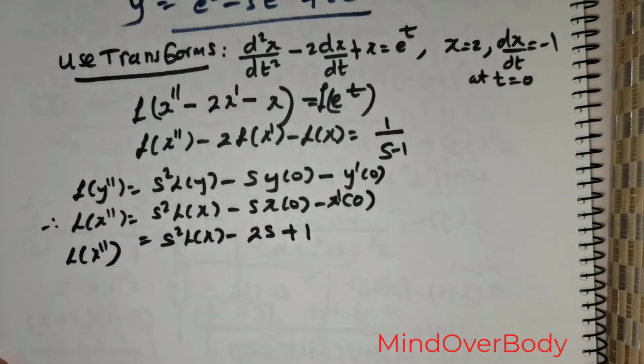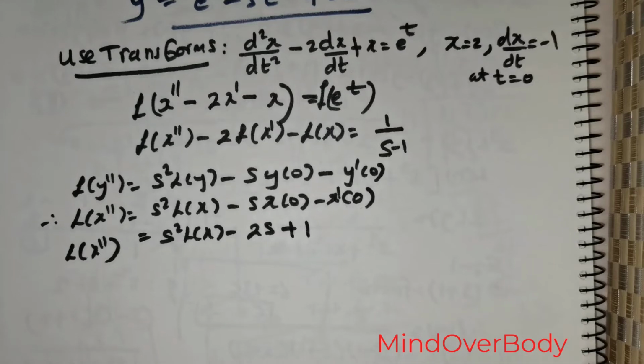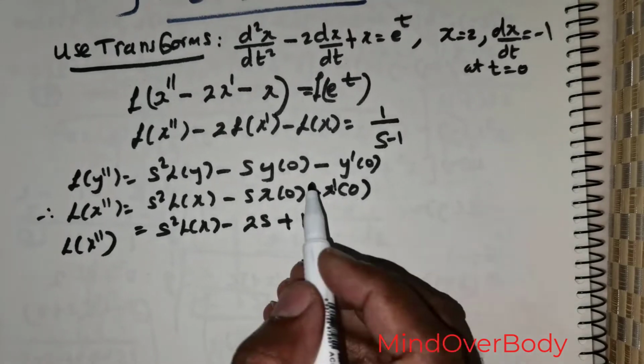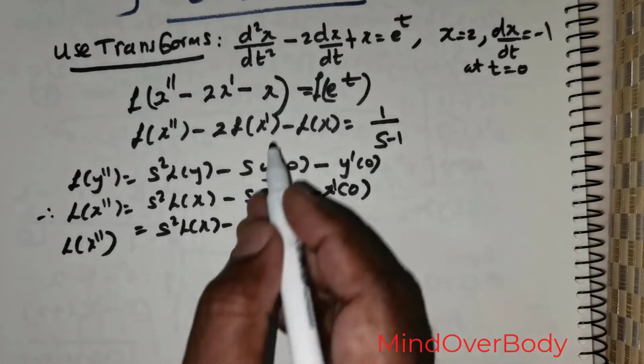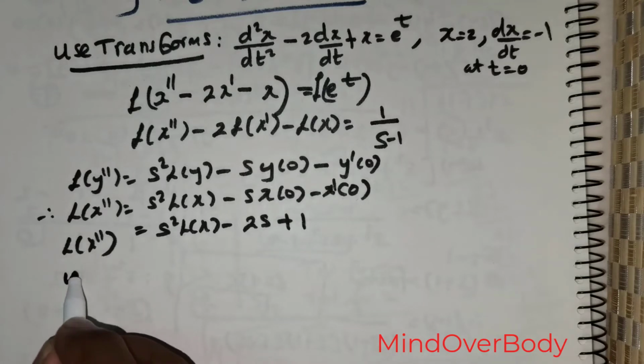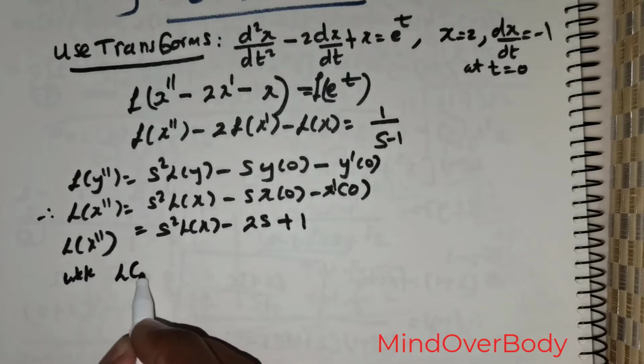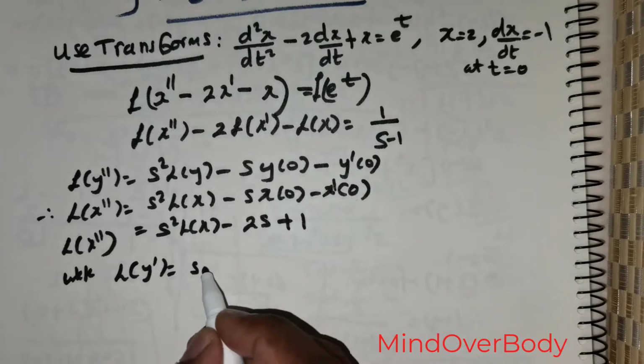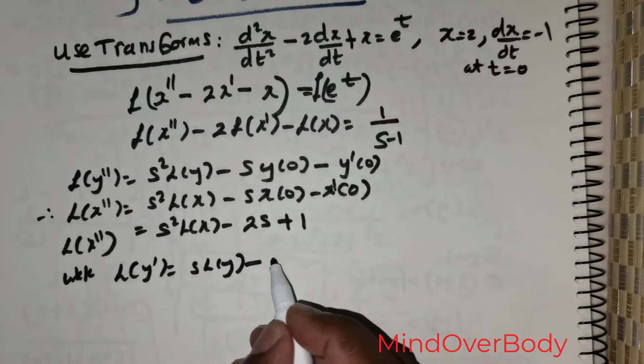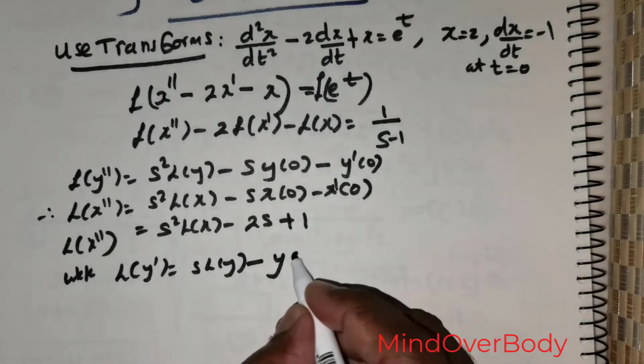So that is fine. Now we will have to move on in obtaining the transform for L of x dash. So for that we know that L of y dash is equal to S into L of y minus y of 0.